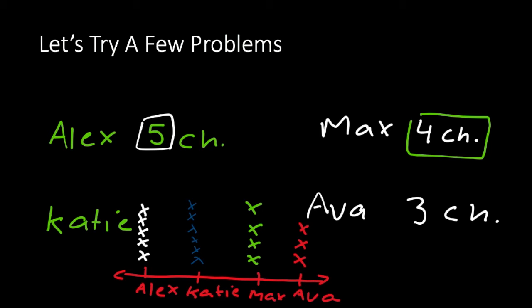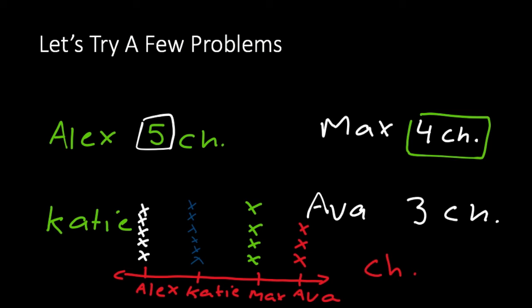And when you're finishing the problem, make sure you put chocolates at the end. So I'll just put chocolates, CH to abbreviate, and yes, this is a line plot that you're expecting, and it's basically just representing what Alex, Katie, Max, and Ava have. Everybody has chocolates, and all we're doing is seeing how many chocolates you had.